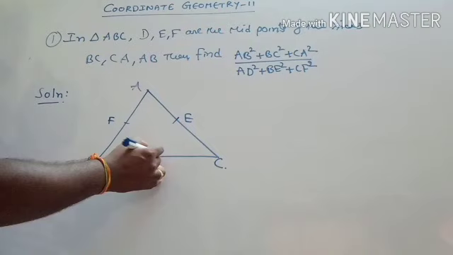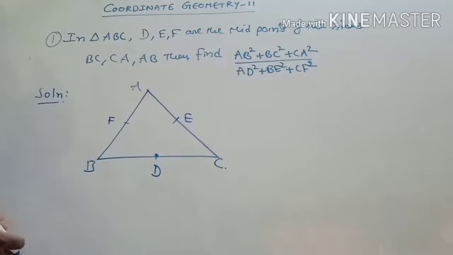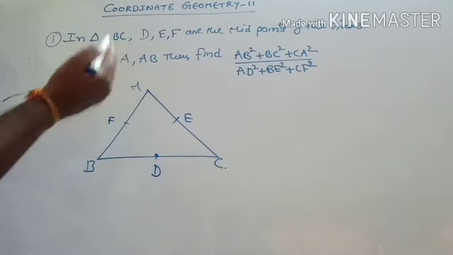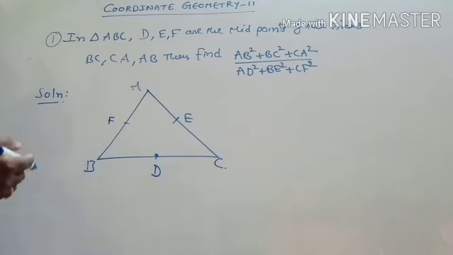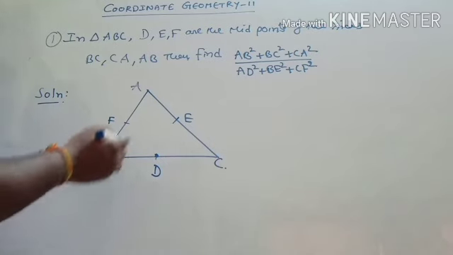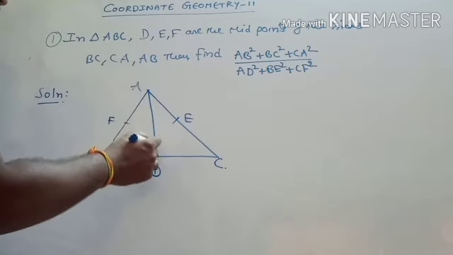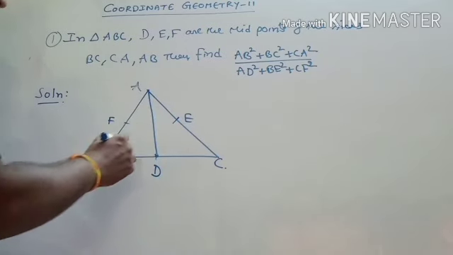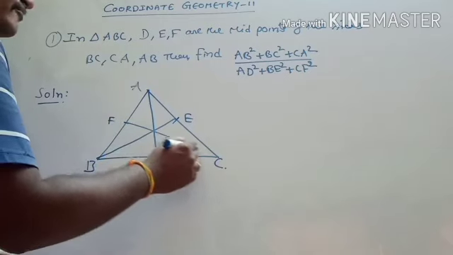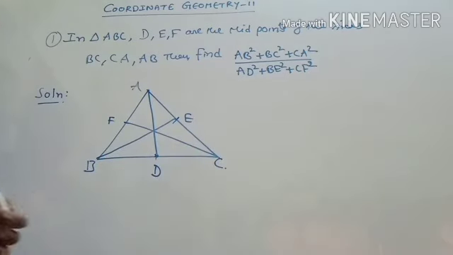Therefore we have got DEF. Now they are asking for AB square plus BC square plus CA square by AD square plus BE square plus CF square. So we need to find AD, BE and CF.